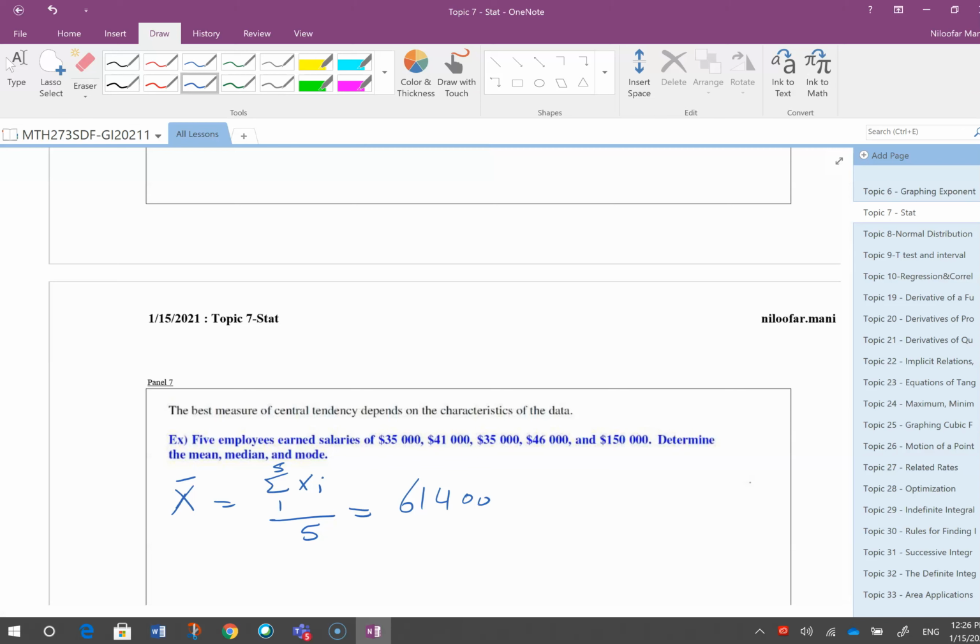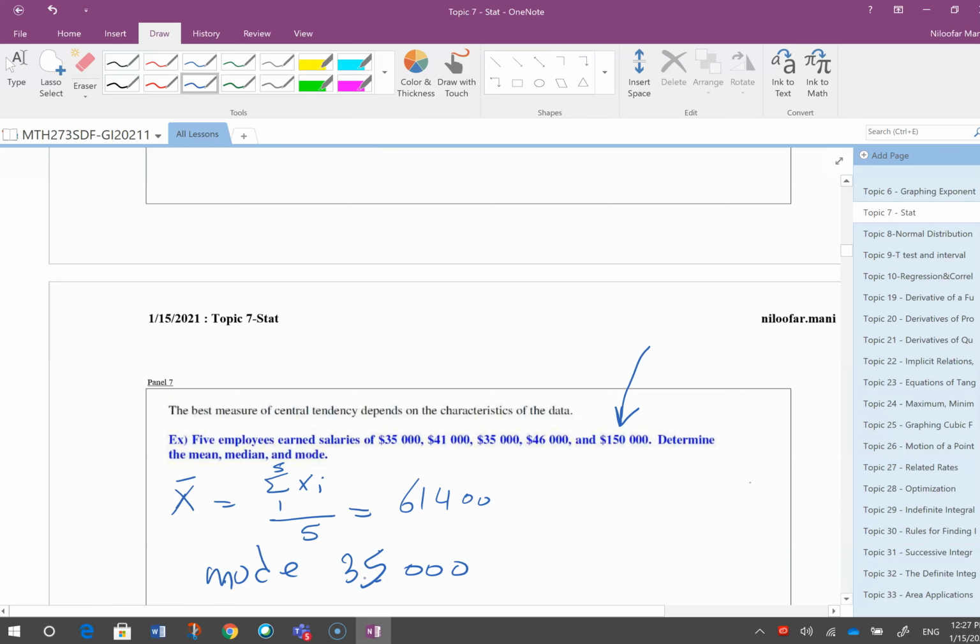Is it a good representative? 61,400 is not close to number 1, 2, 3, 4 because they are almost all less than 50. The reason I have a large number is because I have something very large that is misleading me. How about mode? Mode is what happens twice, which is 35,000 because it happens twice. That's mode.